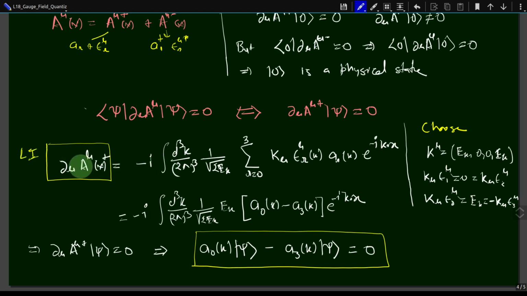When I act by ∂_μ, it acts on the only place where x appears, this exponential e^{ik·x}, and that gives me a minus i, which is sitting over here, and a k_μ, with the summation from r equal to 0 to r equal to 3 as it was earlier, and all the factors sitting over there. A k^μ ε_μ appears with the a_r.